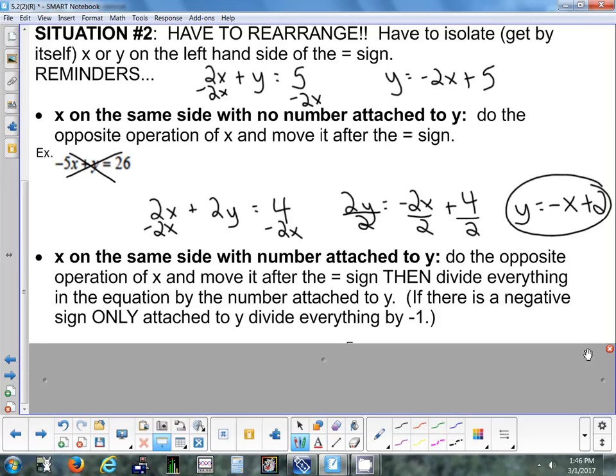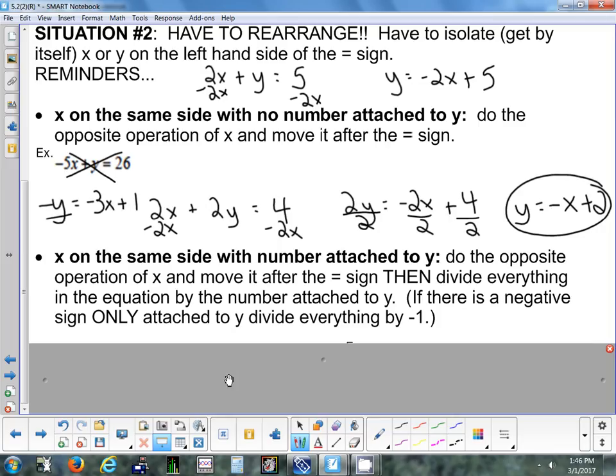Now another thing. If there's a negative sign only attached to the y, that means there's a negative 1 attached to the y. So you're going to divide everything in the problem by negative 1. After I move something around, maybe it looked like negative y equals negative 3x plus 1.